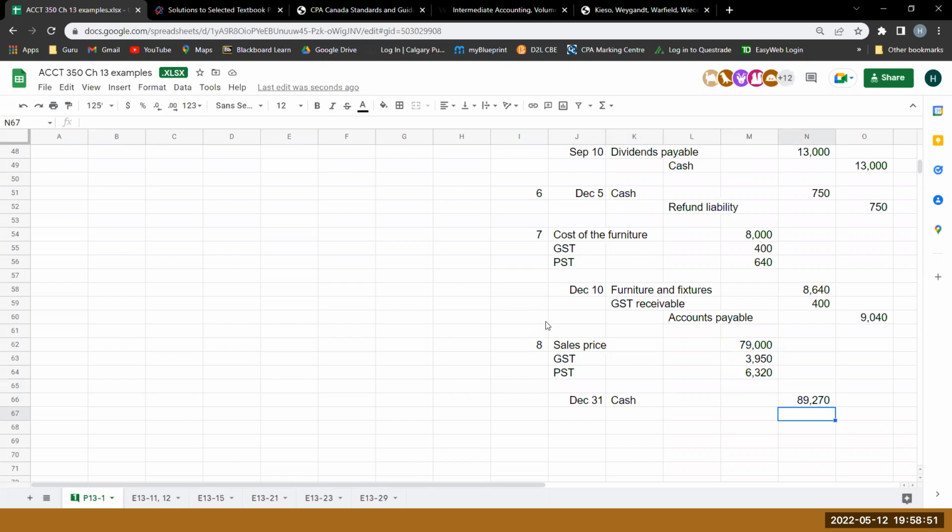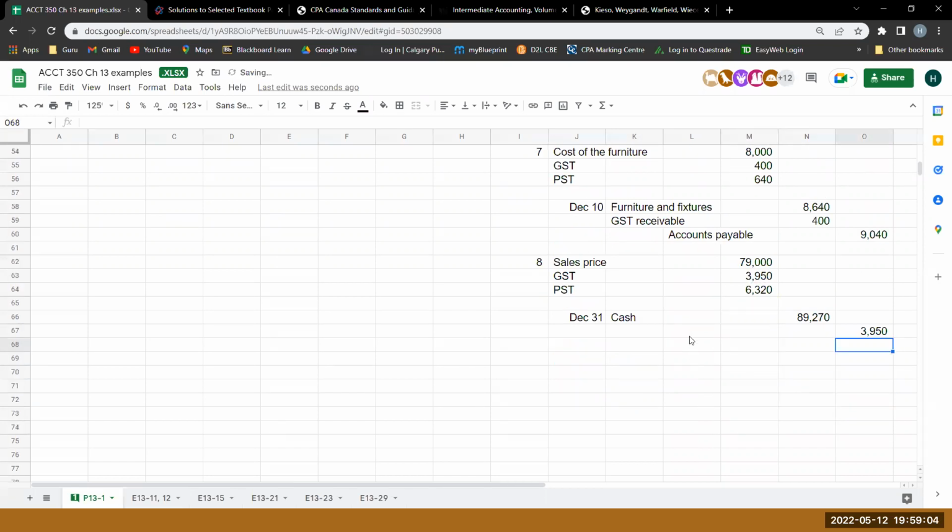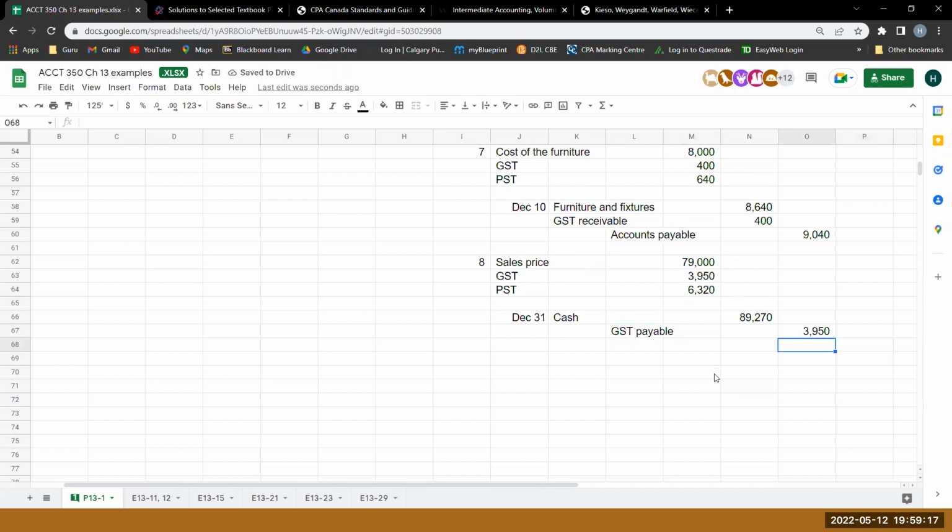Now, out of that amount, we have to send $3,950 as GST, GST payable. We have to send that to CRA, okay, 3,950. The provincial sales tax is also not something that we get to keep, unfortunately. That has to be sent to the province's coffers.